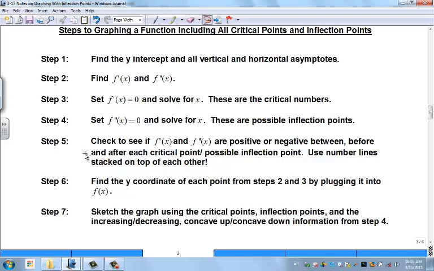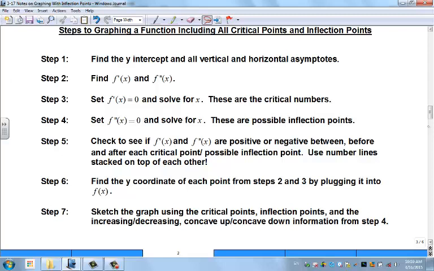Then step 5, check to see if f prime and f double prime are positive or negative between, before, and after each of the critical points or possible inflection points. You'll need to use number lines that are stacked on top of each other. It all stacks on top of each other. The two number lines for f prime of x, f double prime of x, and the graph.